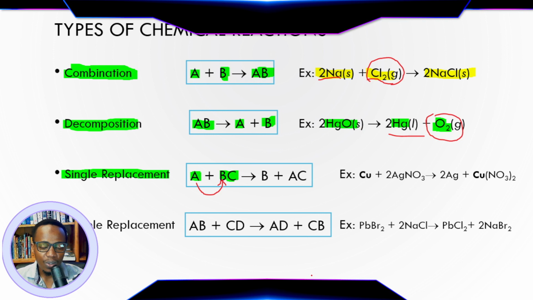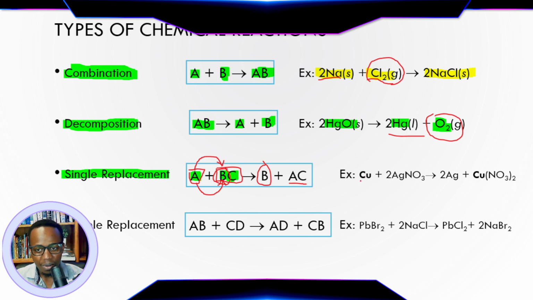One way to think about it and remember it is, let's say you have a couple that's together, and then you have a single person, and then that single person unfortunately comes in and replaces one person in the couple. That's a single replacement, right? So when you do a single replacement, that person that was there becomes single here, and then you have these together, right?